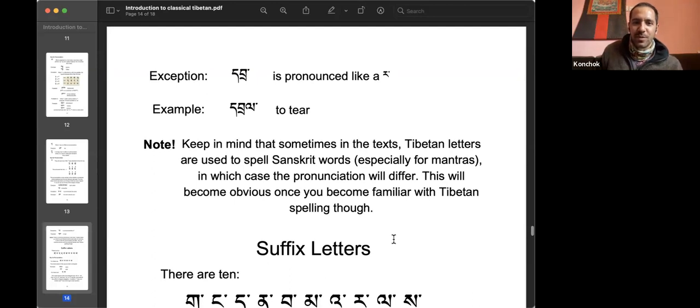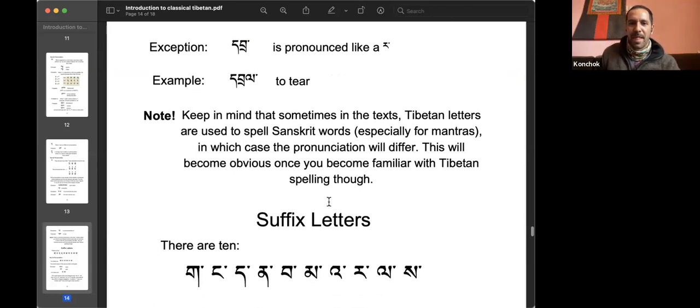So just a note here. If we see these yataks and rataks in a Sanskrit mantra, the pronunciation will be different because we follow Sanskrit pronunciation, but we're not going to cover that. Just know that this will happen.